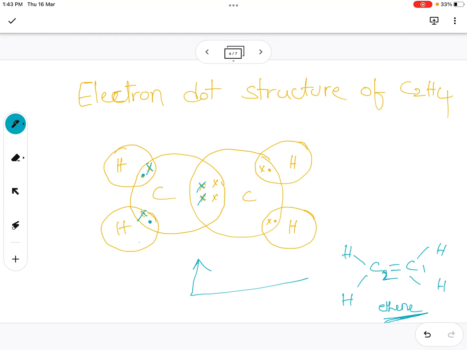And for unsaturated, ethene, propene, propyne, ethyne, like that. The electron dot structures of saturated and unsaturated carbon compounds are here.